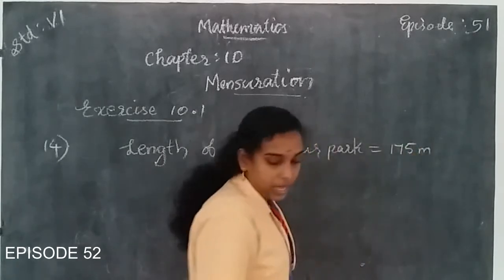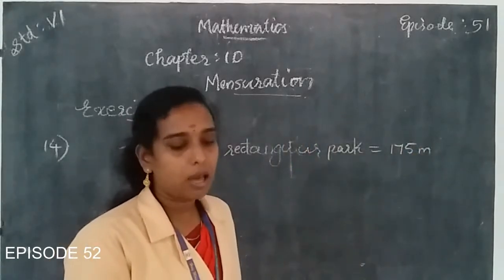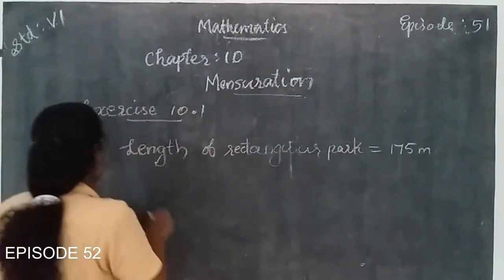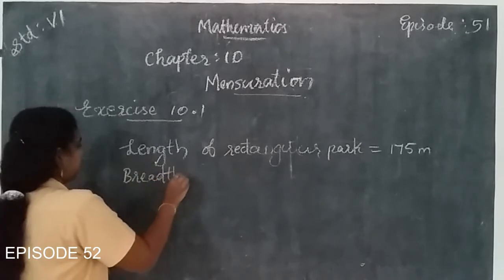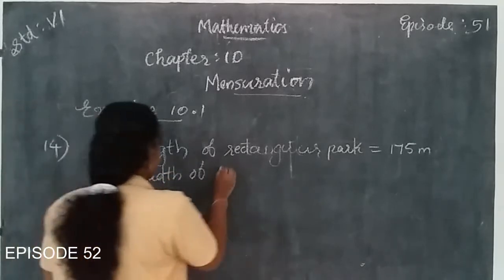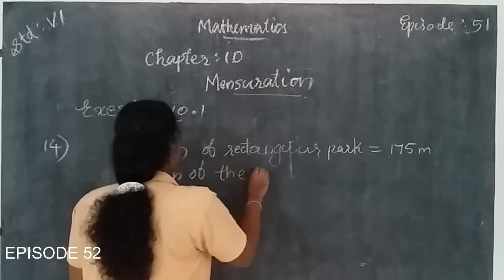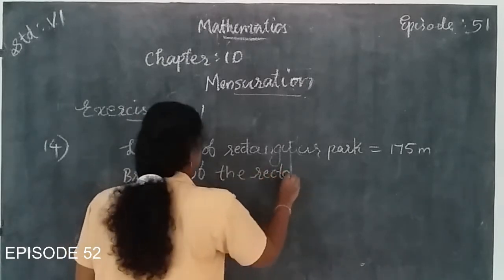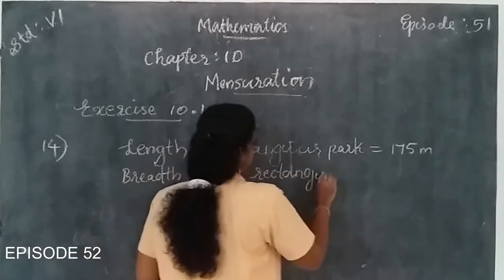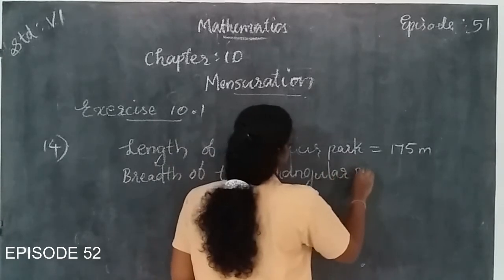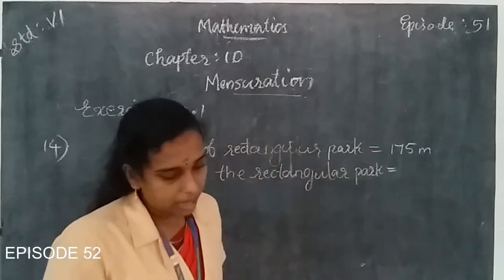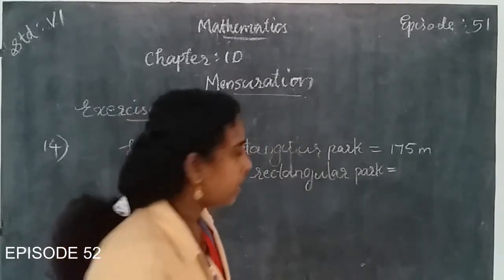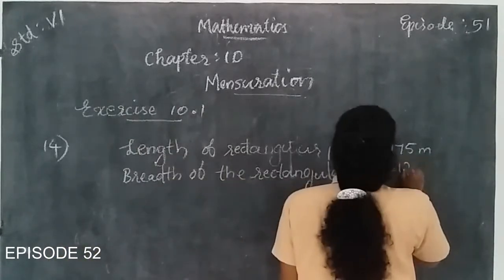Breadth of the rectangular park is equal to 125 meter.